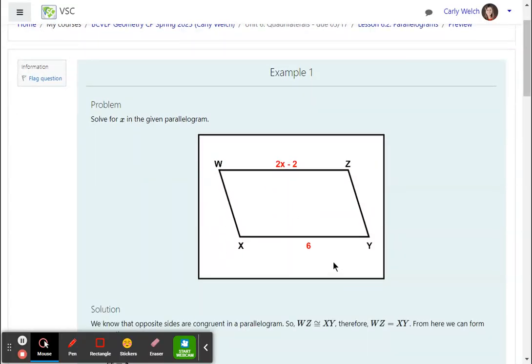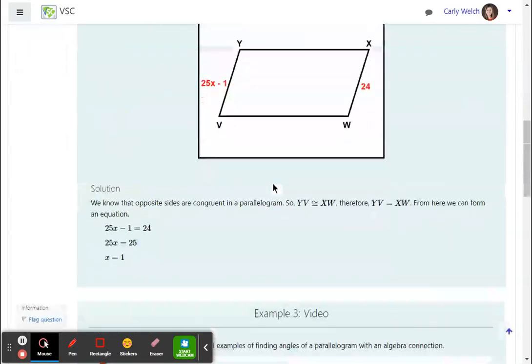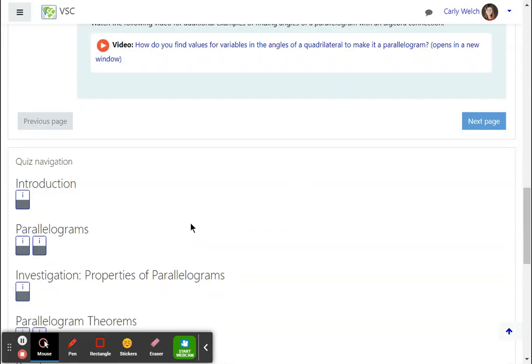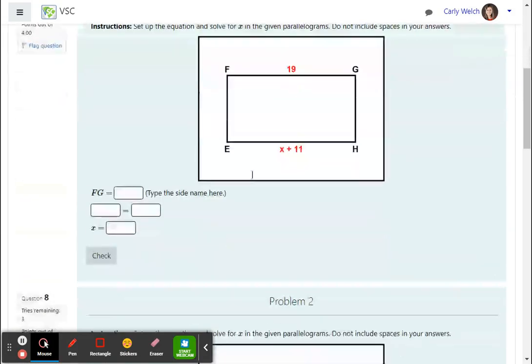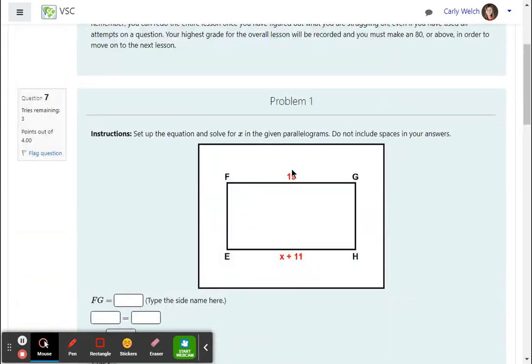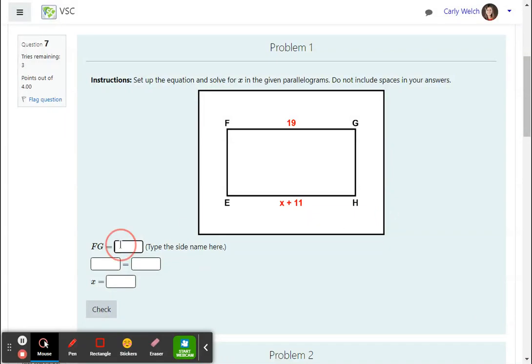All right, so now we have a couple of expressions. So a few examples for you to practice through. And then on this one, so FG, I know is going to be congruent to EH. And then we're going to set up our equation. So X plus 11 is equal to 19.